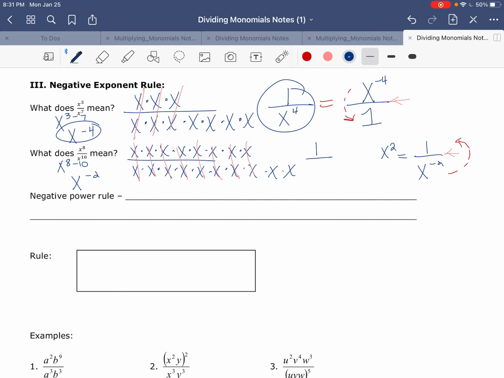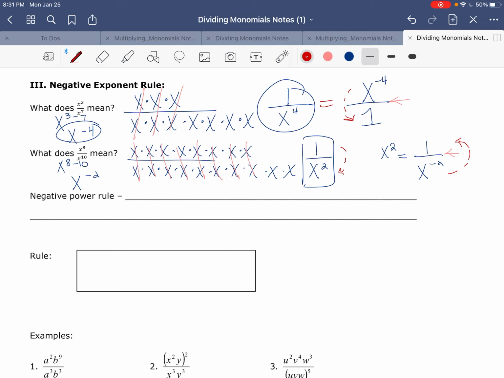I'm left with 1 in the numerator and then x squared in the denominator, which goes right along with our idea that if x to the power of negative 2 has this negative exponent in the numerator, I would need to drag it down to the bottom.